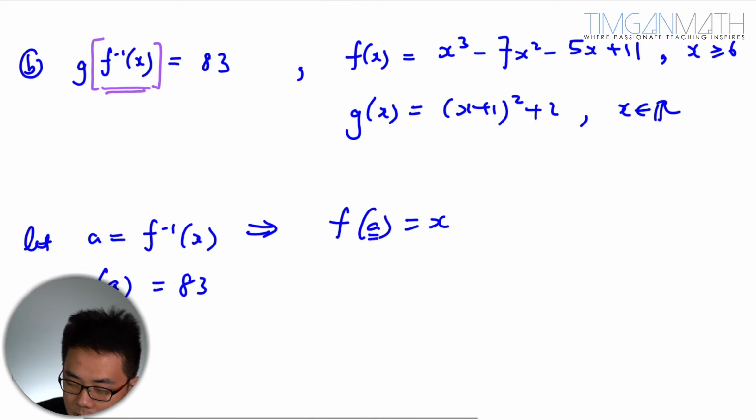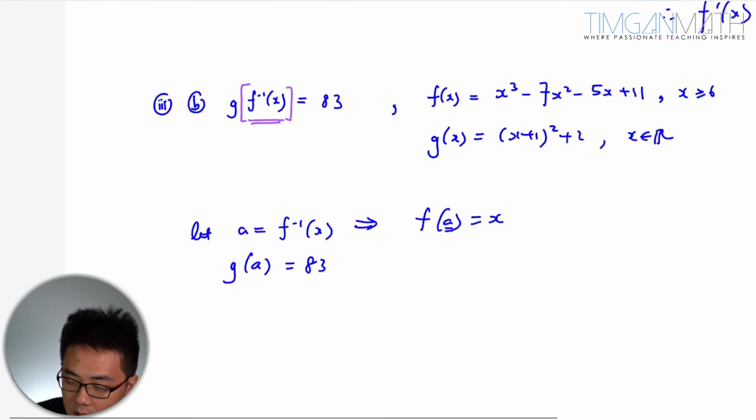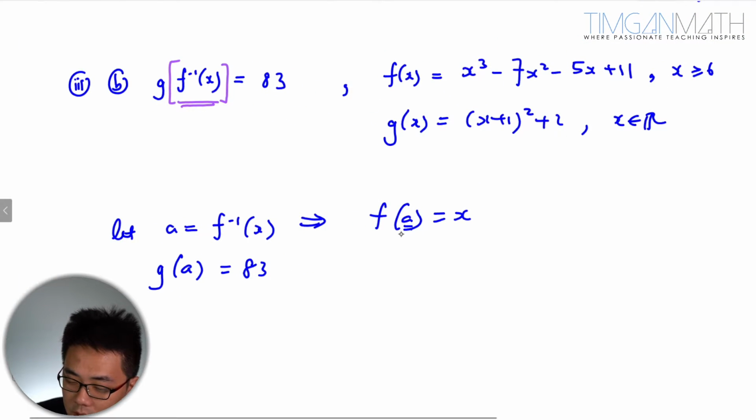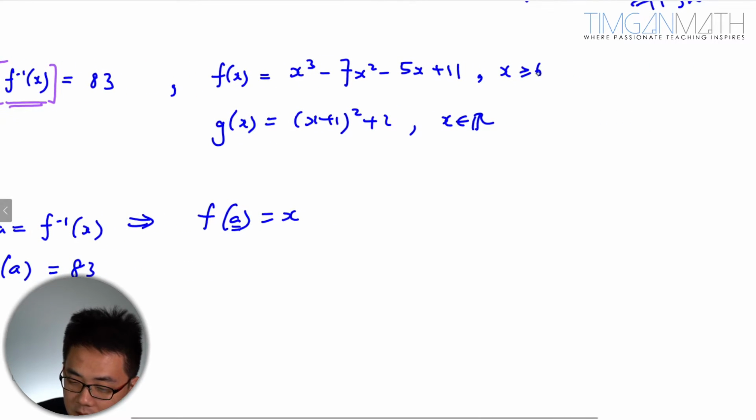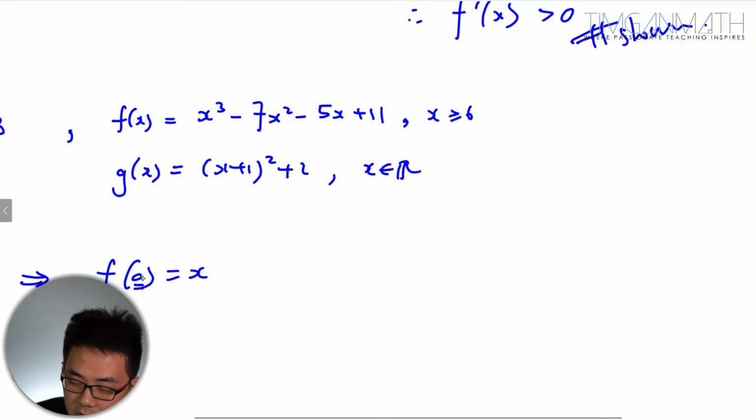A is essentially the y value of the function, which is at least 6. You look at this now: this A is actually this x here. Because you're looking at the function here, right? So if this x here has to be bigger than 6, then this A has to be bigger than 6 as well.